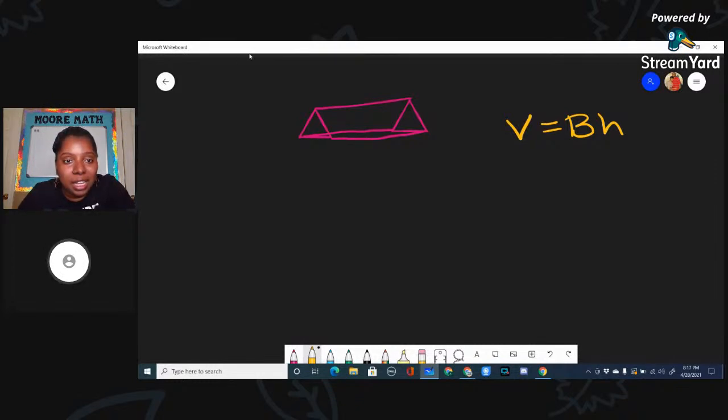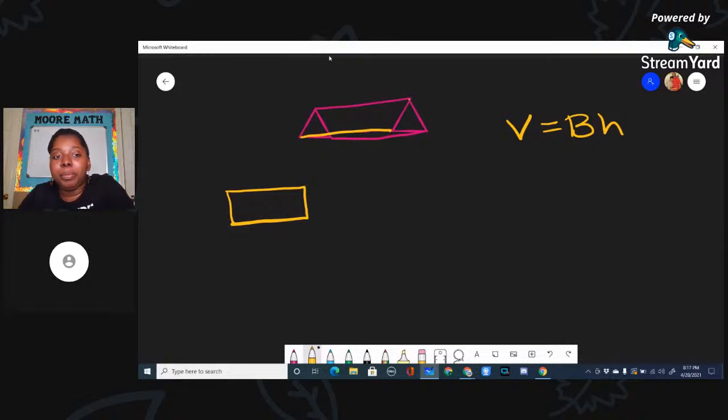The area of the base. Awesome. And in this one, what's our base? What shape? A rectangle. So what kind of prism is this? A rectangular prism. So we name the shape by its base, right?